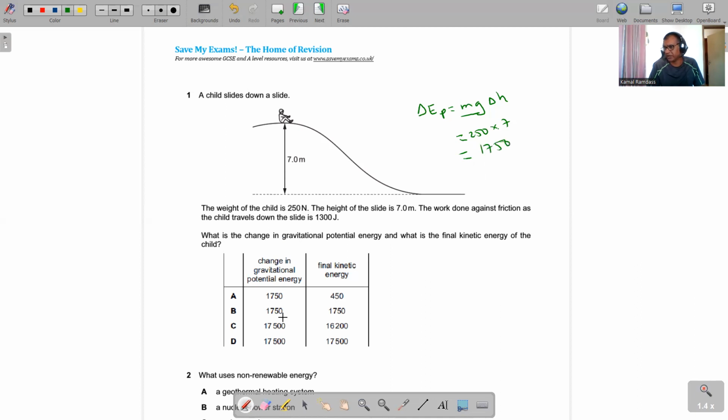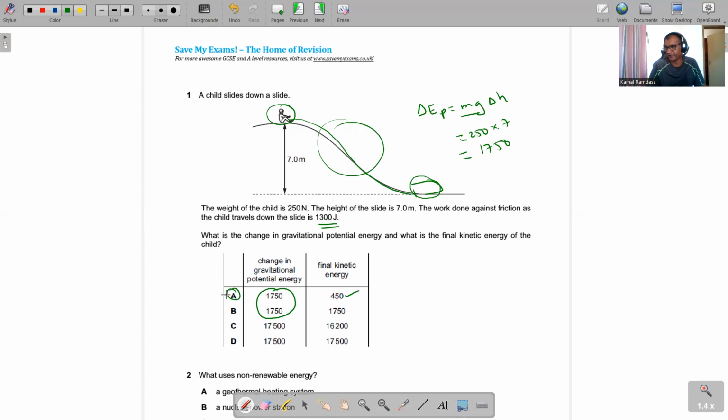Et bien sûr, work done against friction is 300 joules while sliding here. Ça veut dire, what is the kinetic energy? Parce que there will be no gravitational potential energy here. OK? All the gravitational potential energy has been converted to kinetic energy plus the energy which is lost. OK? Ça veut dire, il est pour 1750 réduit à 300, il est pour 1450.